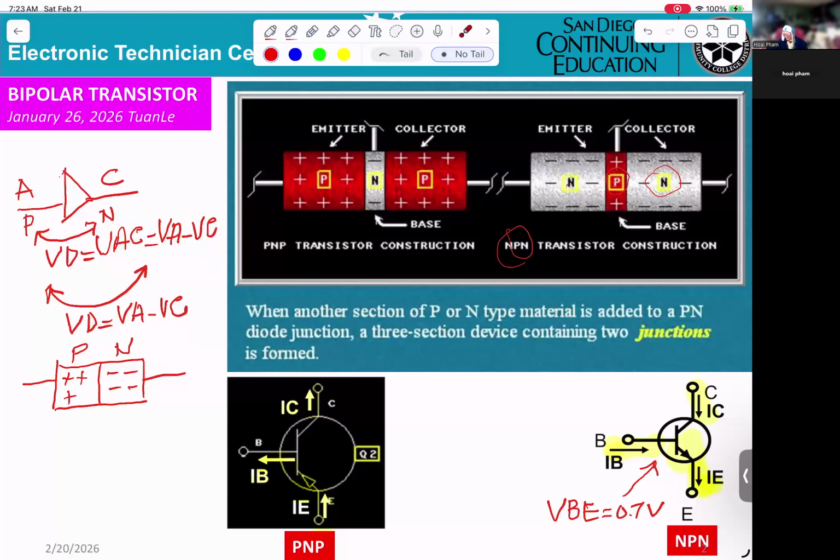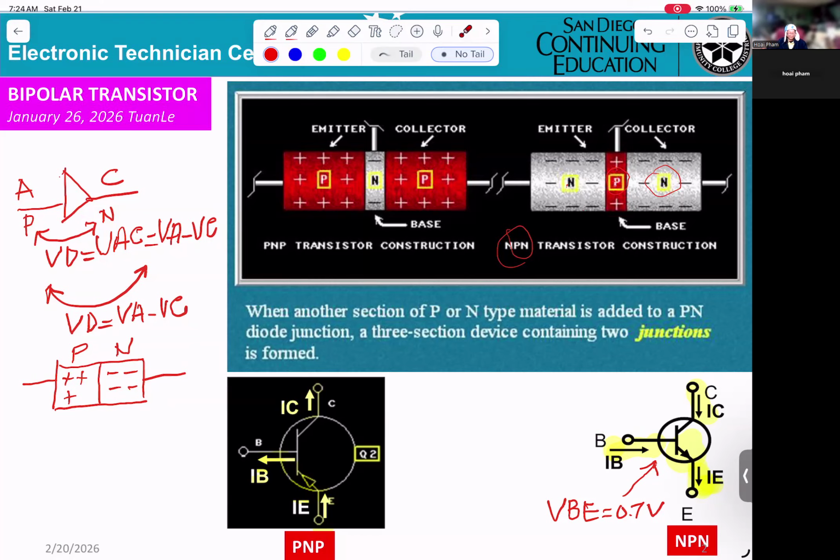Normally, in the physics class, they draw the current opposite, going out instead of going in. In physics, they draw the current by electron moving.